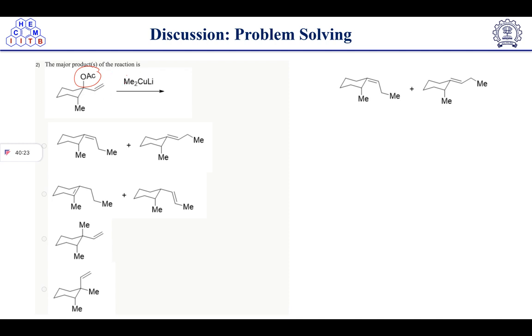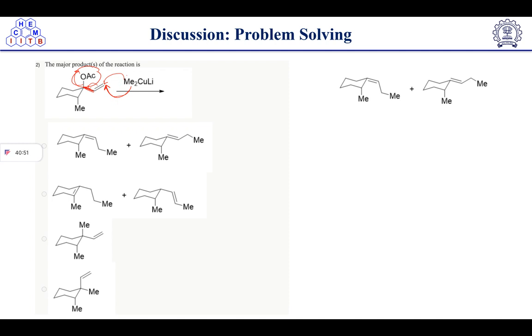Sorry. Here we have the acetate group. So conjugate addition will take place. It will attack either from the top face and it will go here. It will knock out. Another possibility is that it will attack from this side, it will go like that, and again the acetate group will knock out. So this group will be in the equatorial position only, but the incoming nucleophile will decide the cis E or Z stereochemistry.